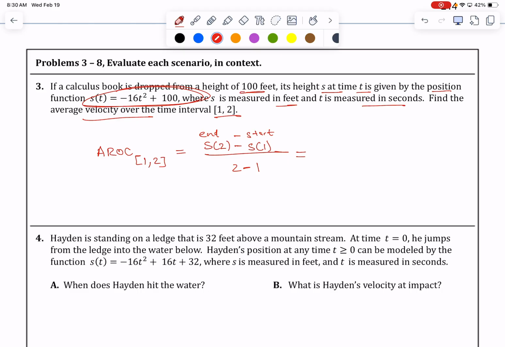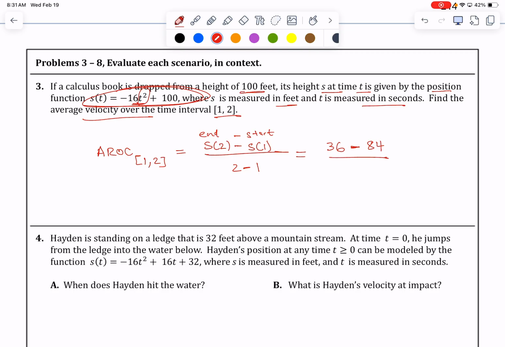So s of 2 is going to be, you're just going to plug 2 in. What's 2 squared? 4. 4 times negative 16 will be negative 64. Negative 64 plus 100 will be 36. Minus s of 1 would be negative 16 plus 100, so that'll be 84, correct?